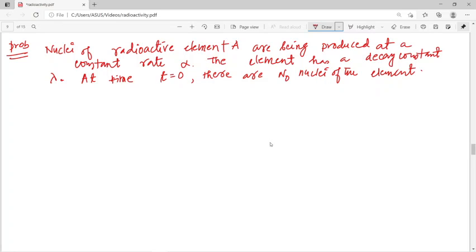That means nuclei of radioactive element A are being produced at a constant rate alpha. When the element has a decay constant lambda, at time 0 there are n naught nuclei of the element.